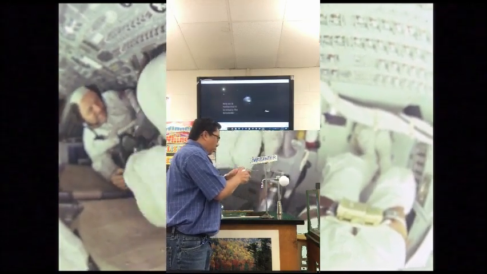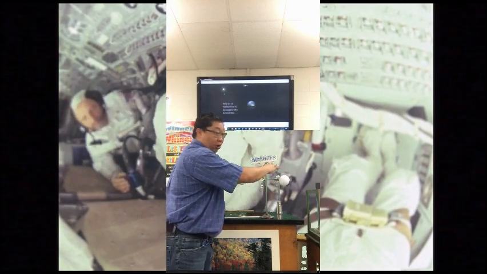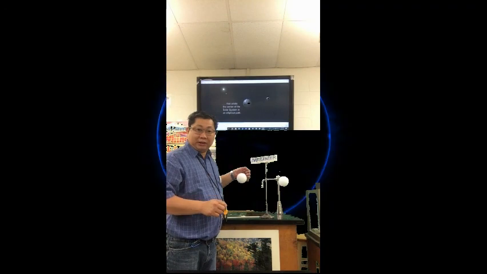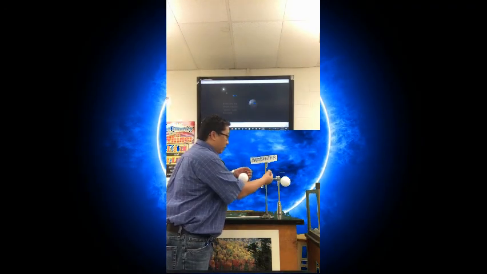These two styrofoam balls have almost the same mass. Now, let us find out what is their barycenter or their center of gravity.